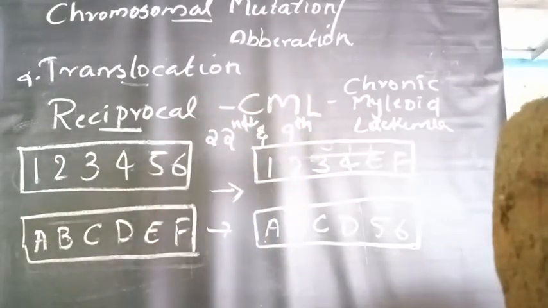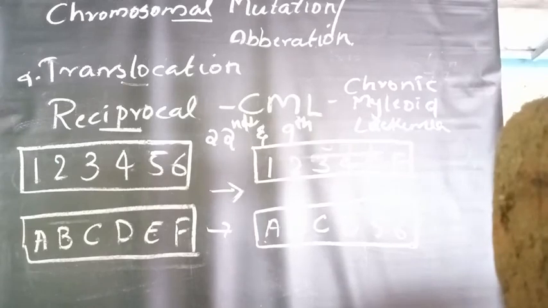Reciprocal translocation between the 22nd and 9th chromosome results in the formation of chronic myeloid leukemia. Clear? So these are the types of chromosomal aberrations: structural aberrations and numerical aberrations.